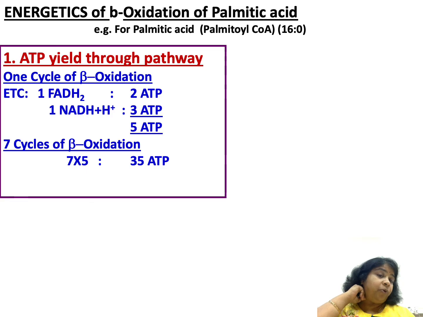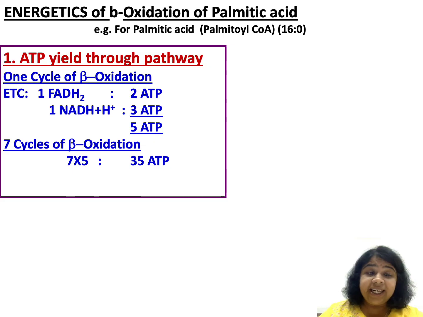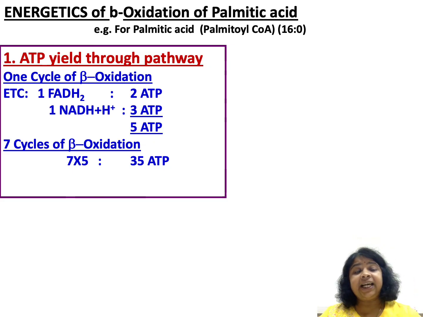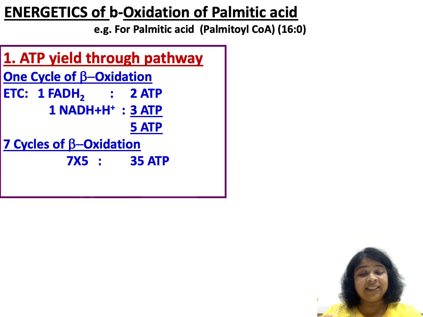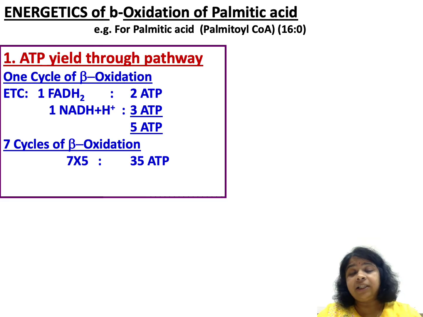So, the ATP yield through the pathway: there are two slides here. The first slide tells you about the old way of calculation, that is, FADH2 gives 2 ATP. The next slide has the calculation for the newer thought, that is, FADH2 will give 1.5 ATP and not 2.